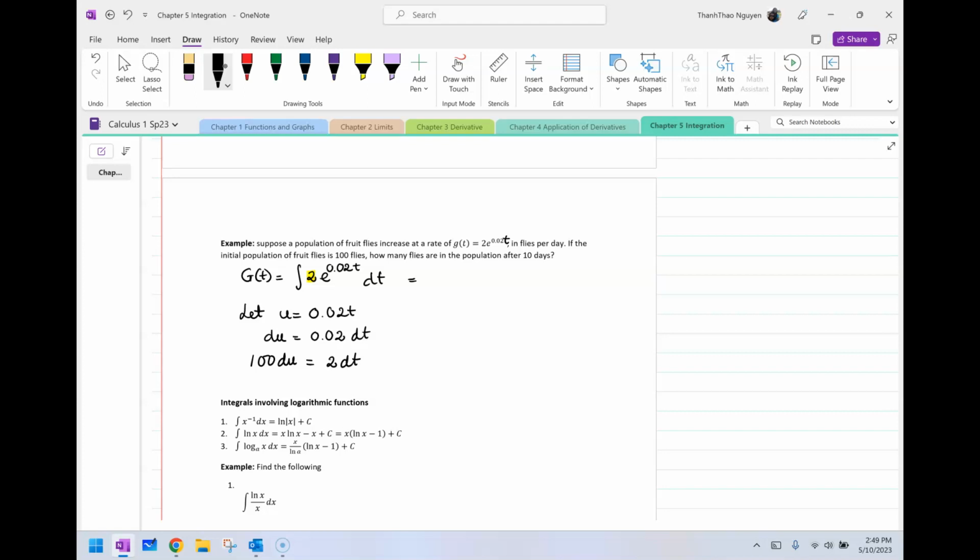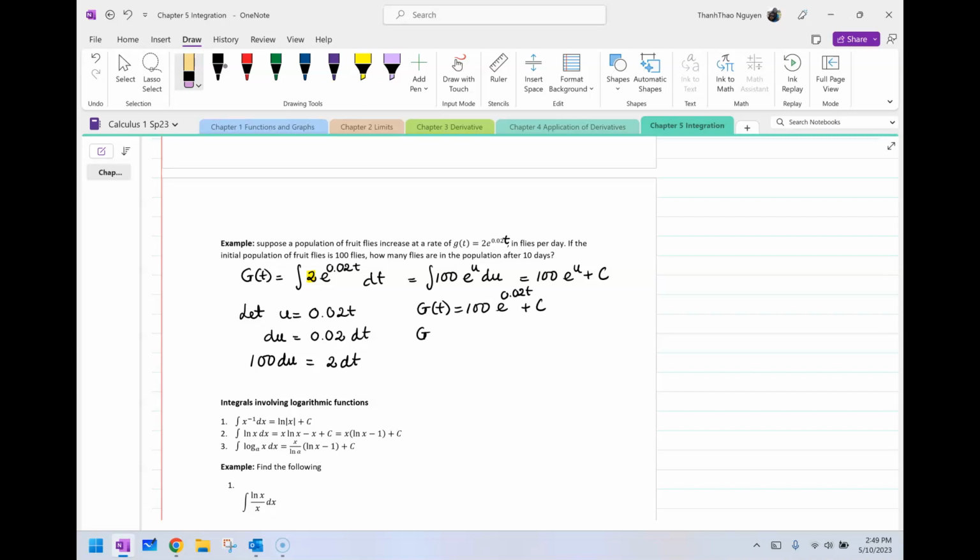Now this becomes the integral of 100 e to the u du equal 100 e to the u plus c. So g of t equal 100 e to the u plus c. If the initial population of fruit flies is 100, and u should be 0.02t.